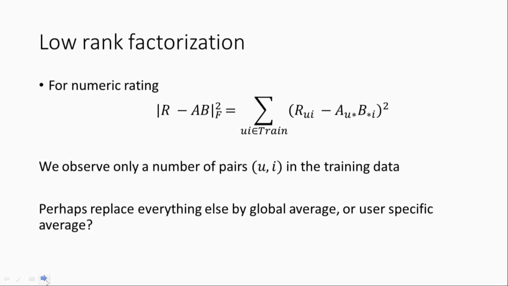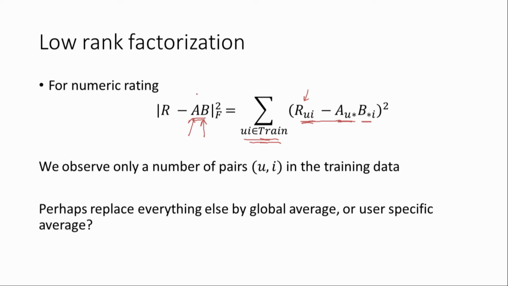So here is the problem, very broadly stated. We want to come up with a representation of the users and a representation of the movies. And we have a bunch of training pairs. These are the ratings that have been given to us, and we'll say that the rating of a movie depends on the dot product between the user's representation and the movie's representation, and the rating that the user has actually given, R_UI.